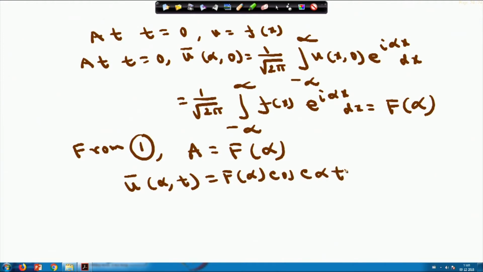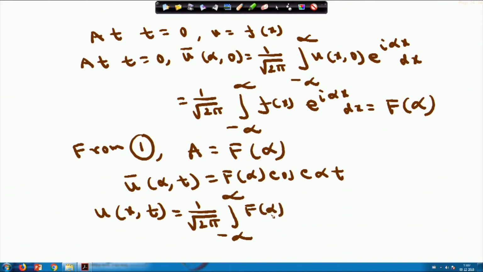So from here u x t you can write as 1 by root 2 pi integral from minus infinity to infinity, using the inversion formula, cos of c alpha t into e power minus I alpha x into d alpha. Now, I have to evaluate this integral.